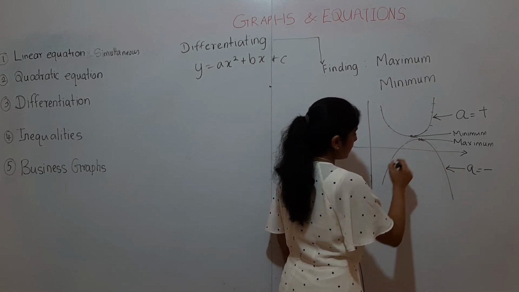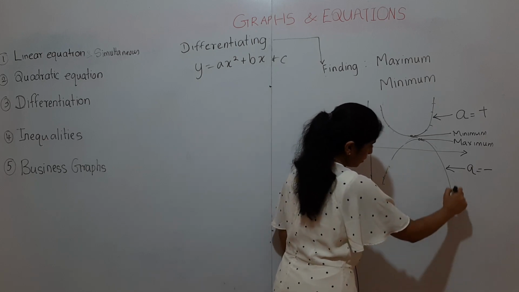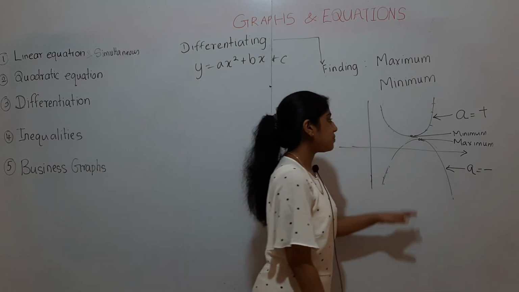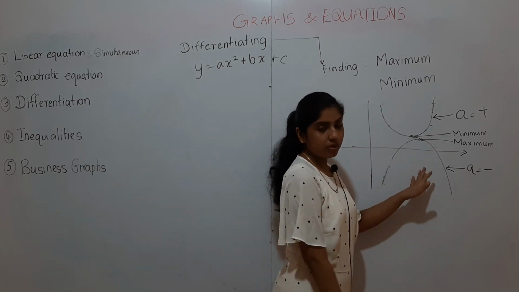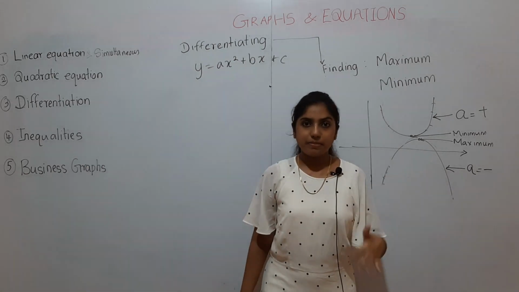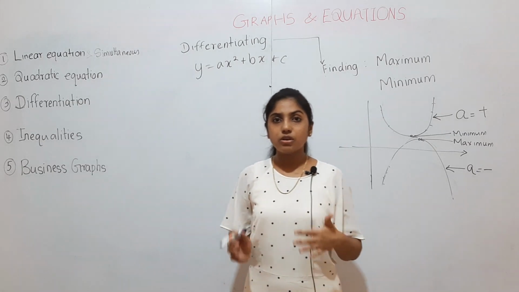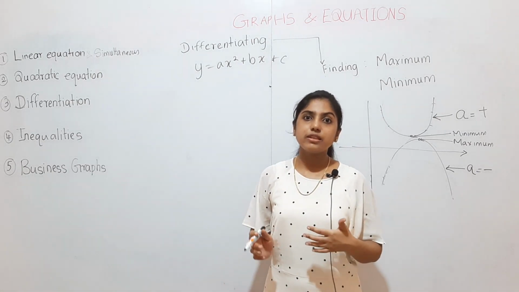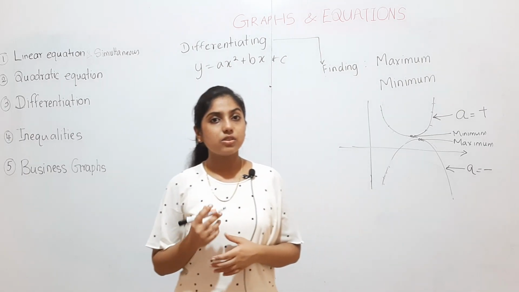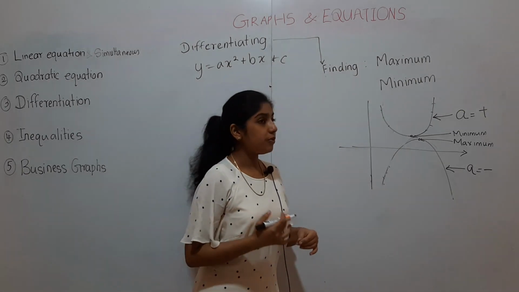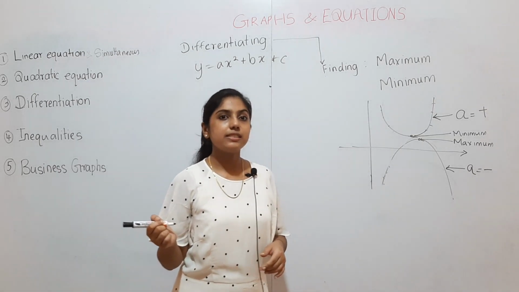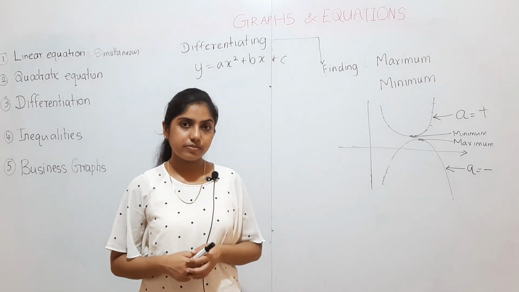So it has a maximum but doesn't have a minimum because it doesn't finish like this. That's why it's very important to know whether a is a minus or a plus, whether the curve is a bell shape or a U shape, and in which shape we get the maximum point or the minimum point.